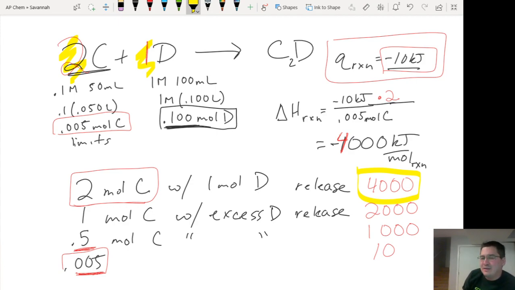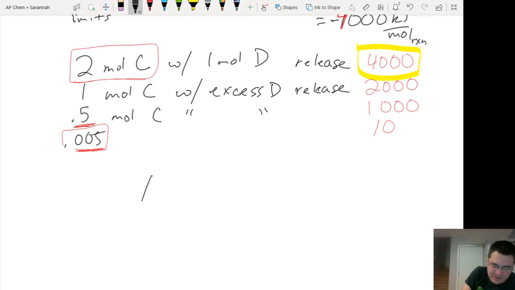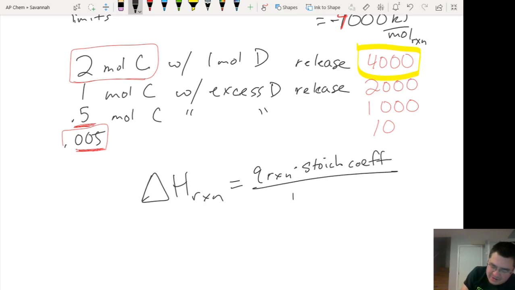mole of reaction. Sorry, this was my mistake, and this is how I would solve it, because I don't memorize. I'm not good at memorizing. I have to work through the problem a little bit, but I don't memorize if that goes on the bottom or the top. But now looking at it, when you're calculating delta H of reaction, maybe commit to memory: Q of reaction times the stoichiometric coefficient divided by the moles of the limiting reactant.